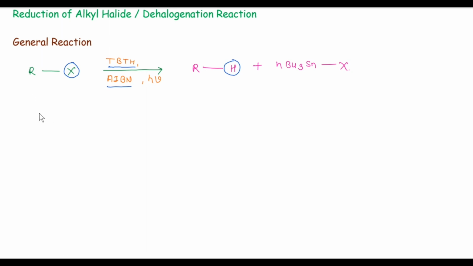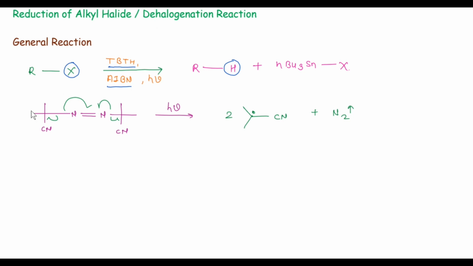So in the first step, AIBN in presence of light, this bond gets homolytically cleaved and formation of two isobutyronitrile radicals takes place with loss of N2 gas.